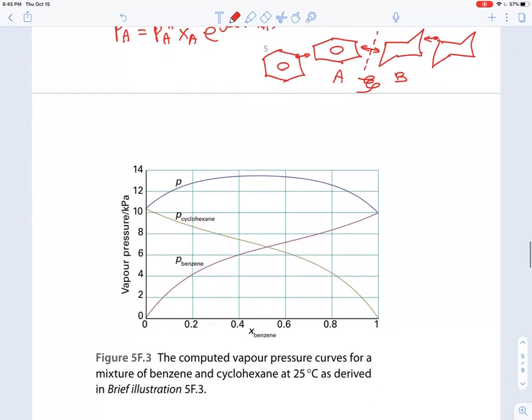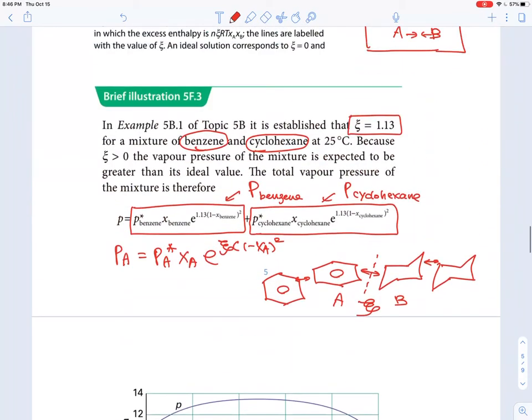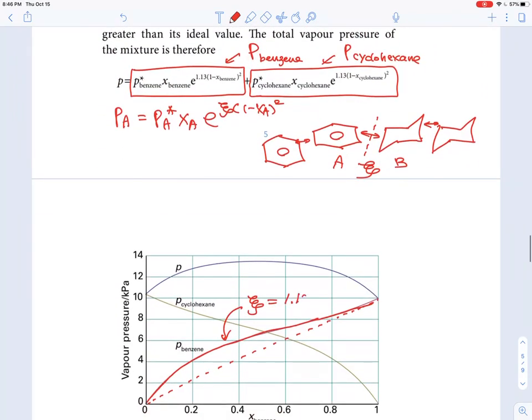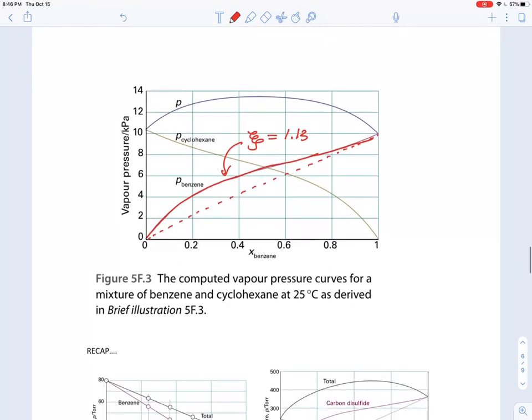So that's why this value can be predicted once again. That is the value that is supposed to happen if Raoult's law, the ideal solution law, holds, and this is the actual value. And then people were able to fit this with an interaction psi value of 1.13. And that was really the way that we can have some better understanding of this.